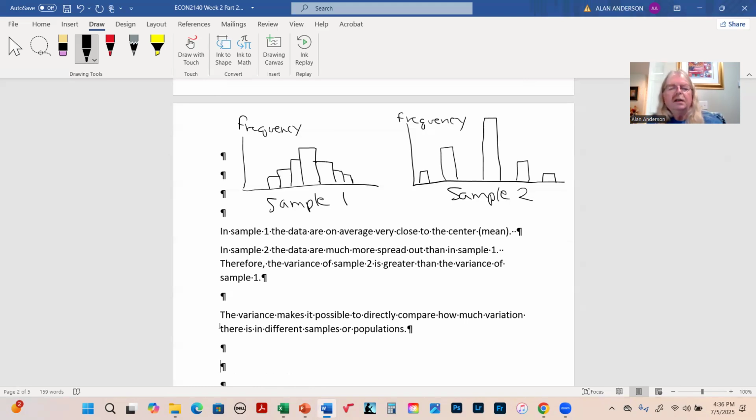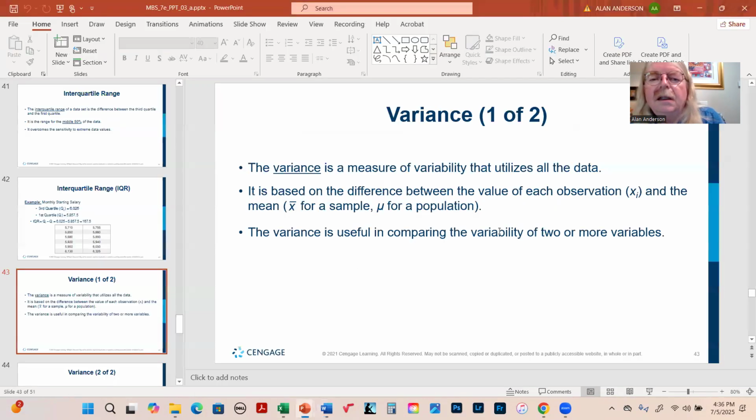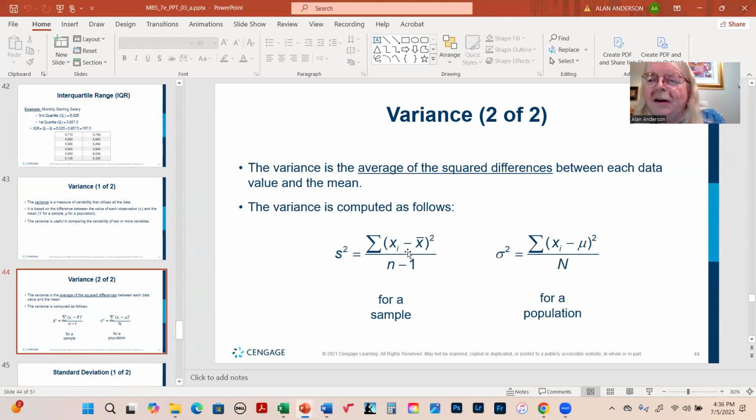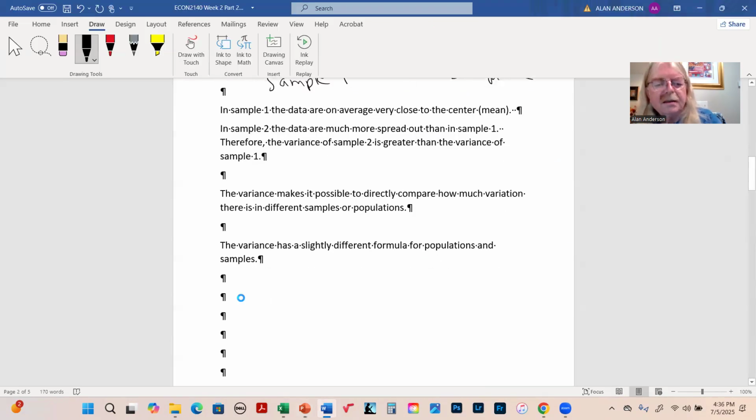Okay, now the variance has a slightly different formula for populations and samples. It's a very subtle difference, but it is important. And so we're going to start by introducing the, oh, well, they have them both listed right here. How do you like that? So on the left, we have the sample variance, and you can tell because it's represented with the letter S, a Roman letter.